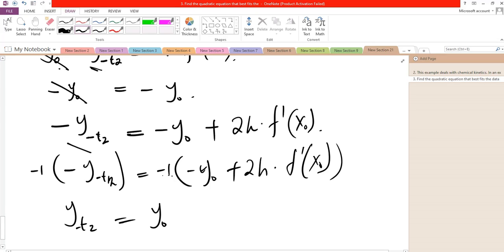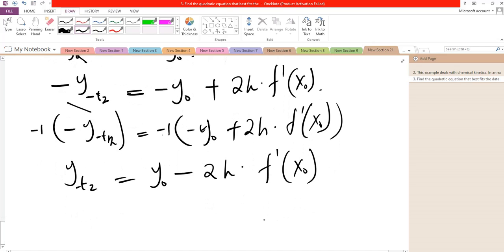So minus 1 times plus 2h times first derivative of x sub 0 will now give you minus 2h times f first derivative function of x sub 0.